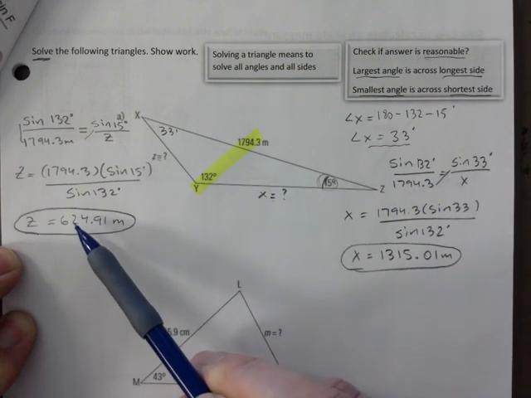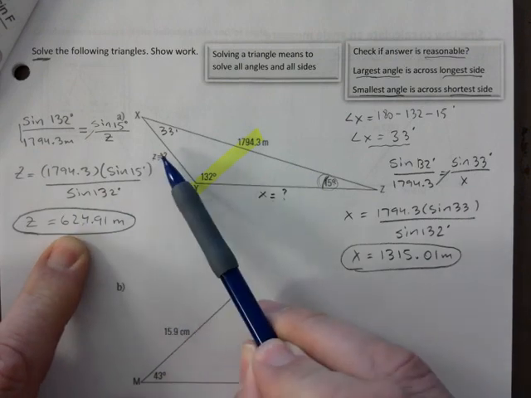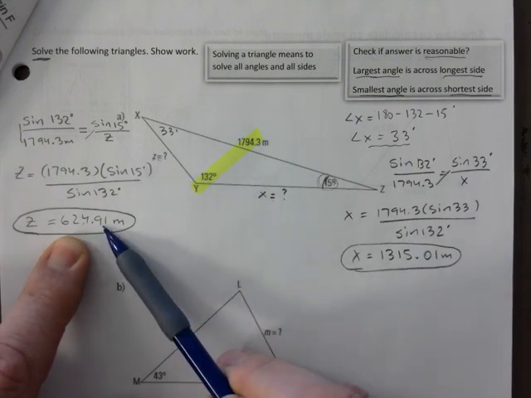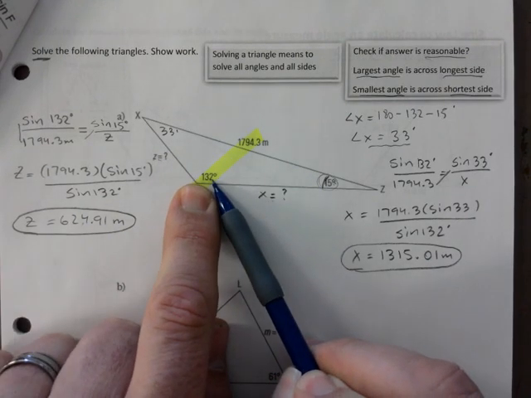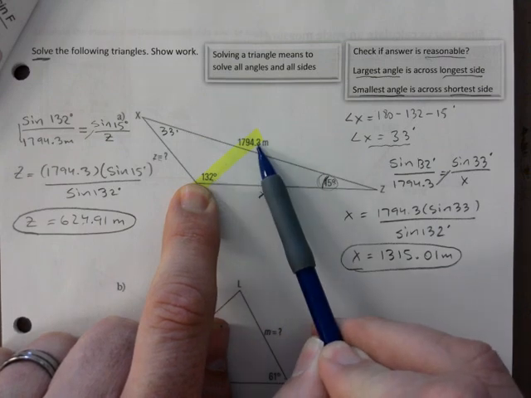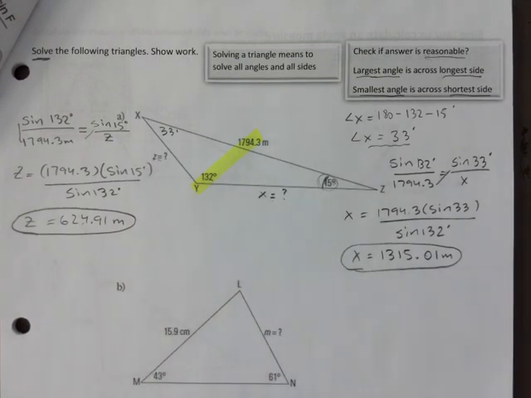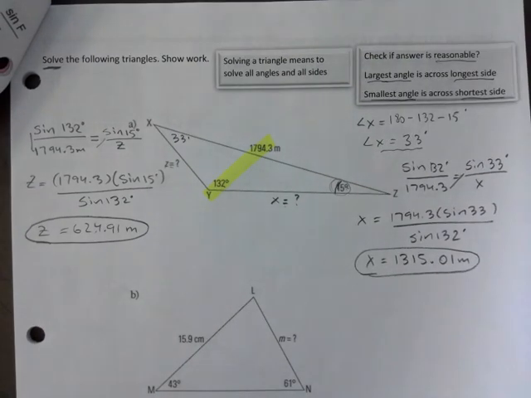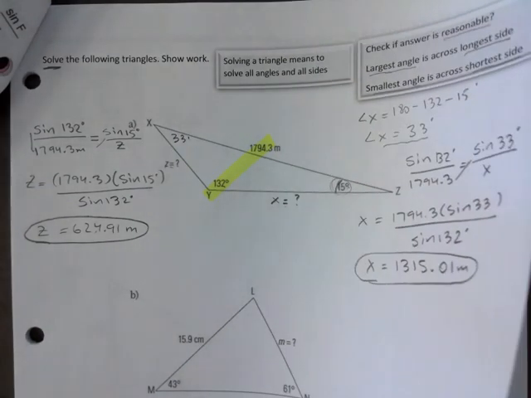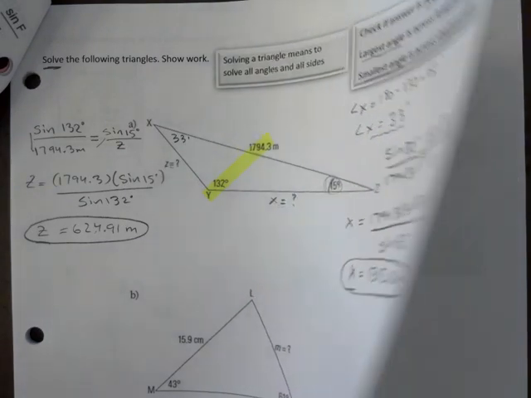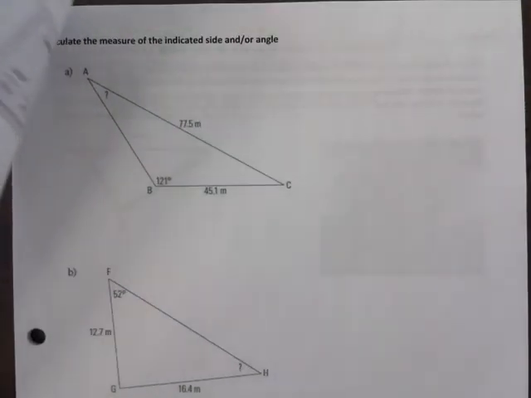It should have the shortest side across from it, which is true, right? And 132 is the longest or largest angle, longest side across from it, so it checks out, right? So sometimes little things like that can prevent you from making a mistake or catching a mistake, right? Okay, let's keep going.